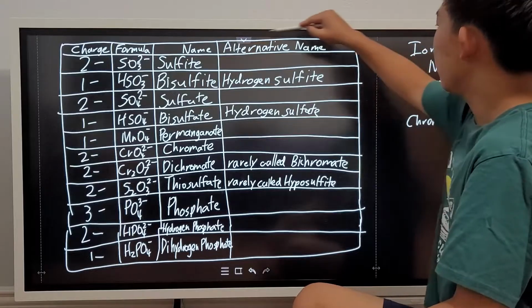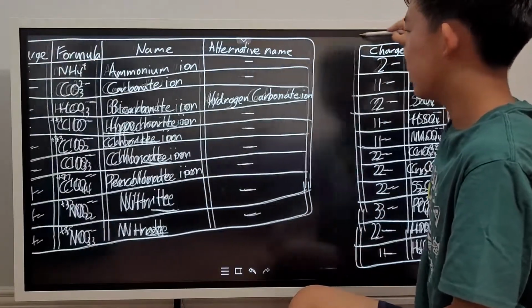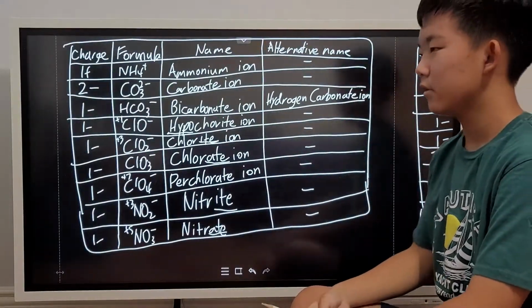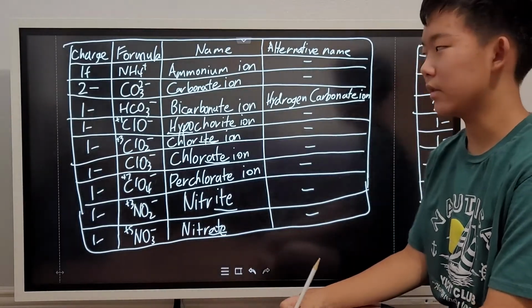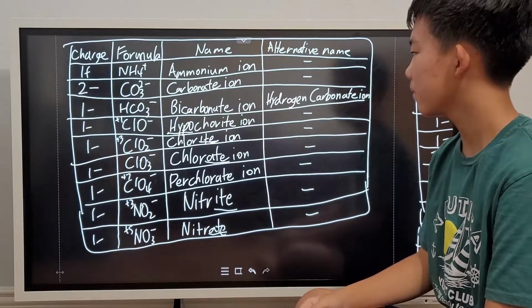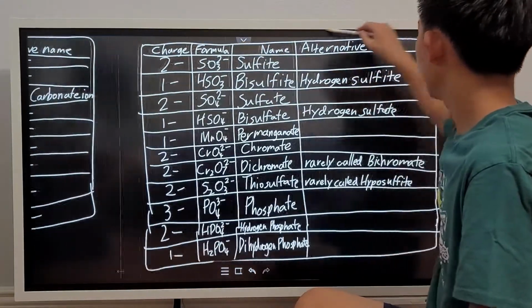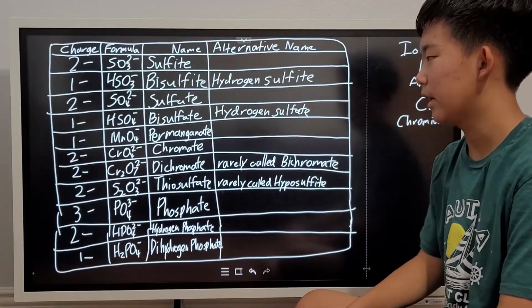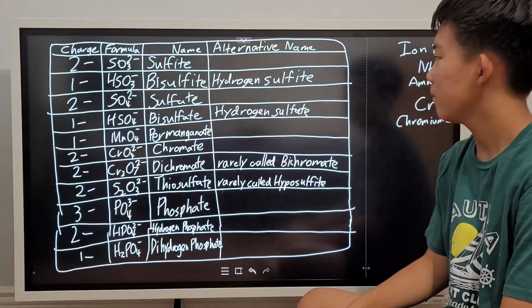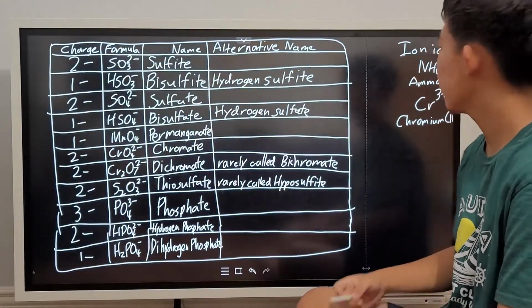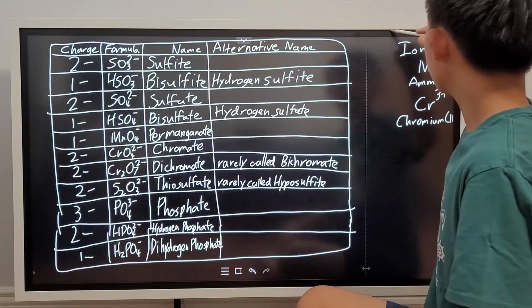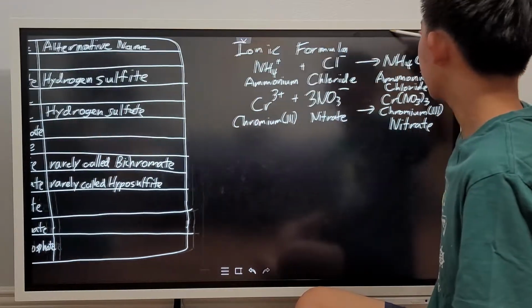So now you just need to take a look at these charts to memorize it. I'll give you a few seconds to look at this. And I'll also give you a few seconds to look at this. Feel free to take screenshots while you're at it. Okay, so I think that's enough time to take a screenshot.